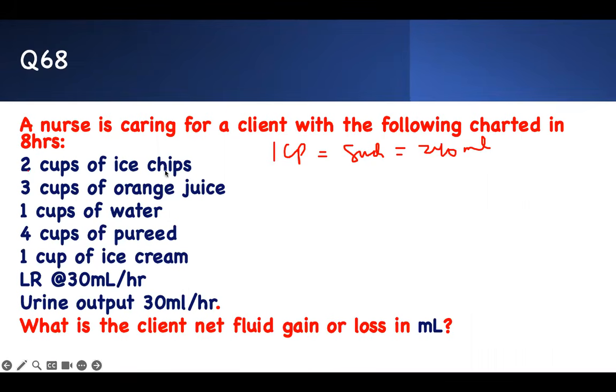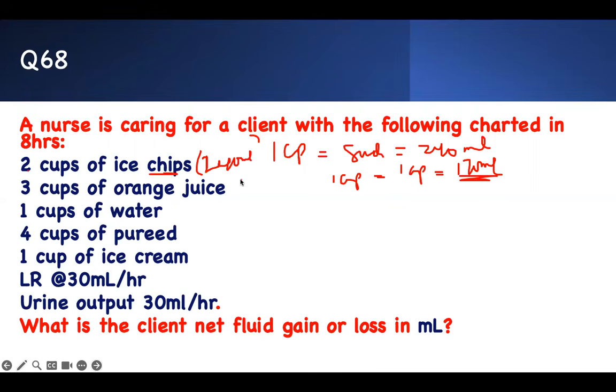Ice melts into half its volume, so 1 cup of ice will be 120 ml. So 2 cups of ice will be just 240.